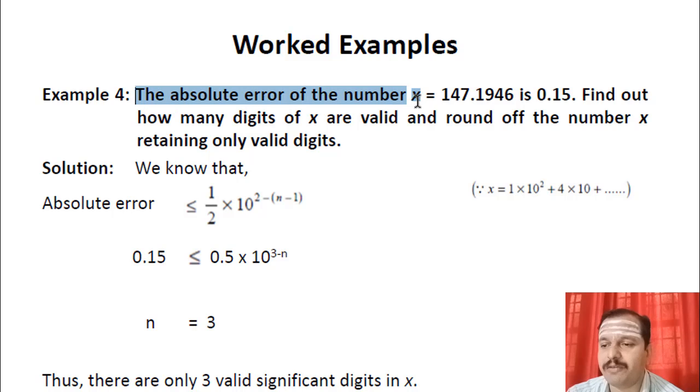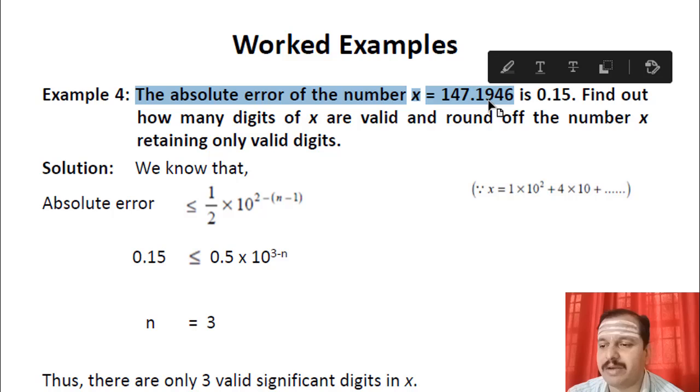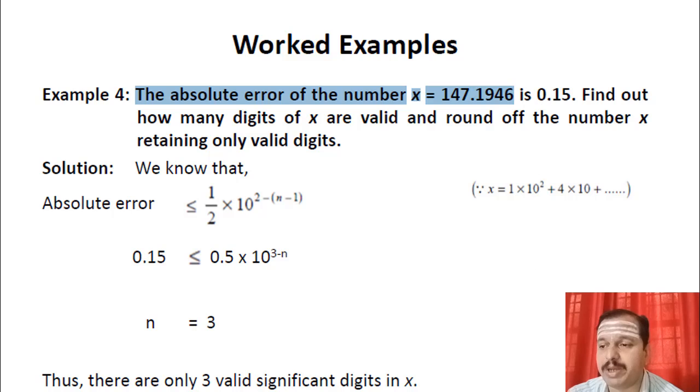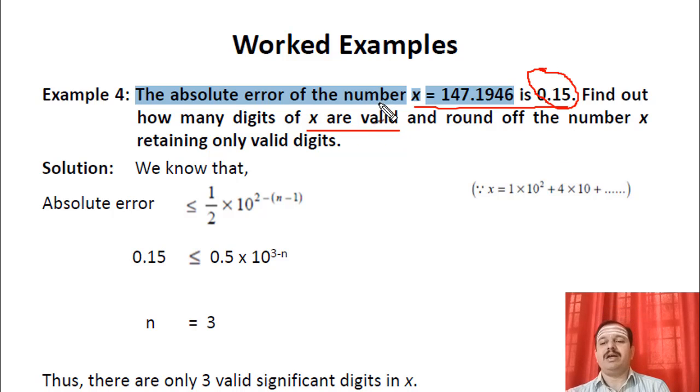The absolute error of the number x given over here, 147.1946, is 0.15. The absolute error they have mentioned here is given as 0.15. We have to find out how many valid digits of x are there if this is the absolute error in the given number.